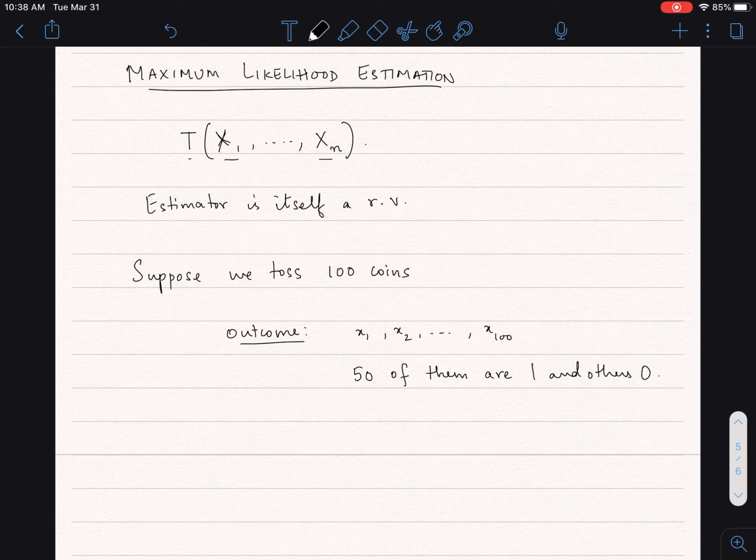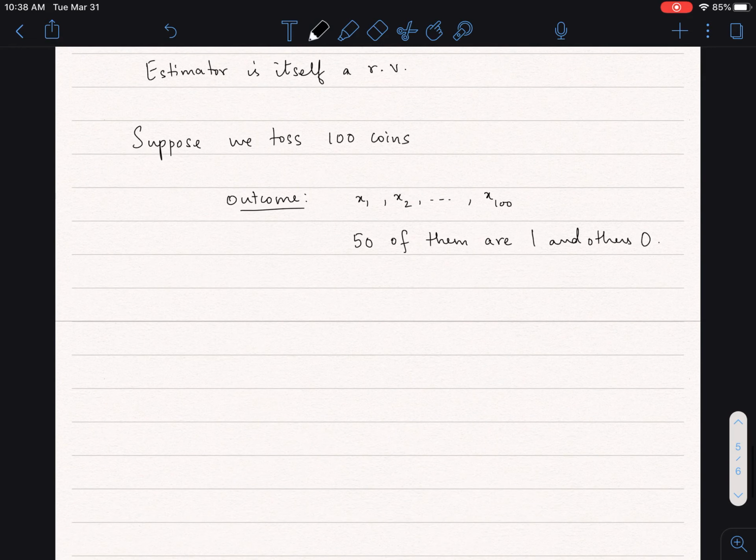Now suppose I were to ask you intuitively, is this a coin with probability of heads equals half, or is it a coin with probability of heads equals 1/3?